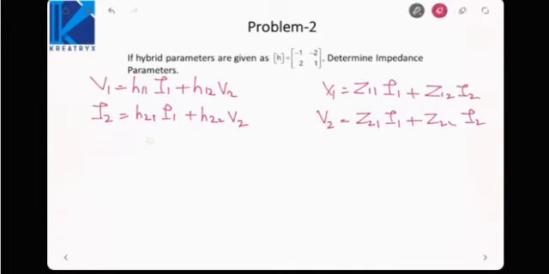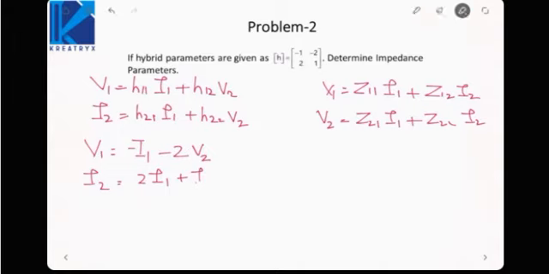V1 is equal to minus I1 minus 2 V2 and I2 equal to 2 I1 plus V2. Now if you want to calculate Z11, then you have to calculate V1 by I1 when I2 equal to 0.